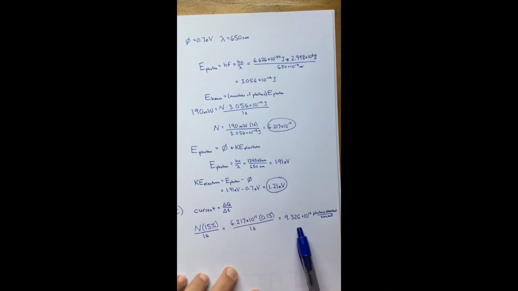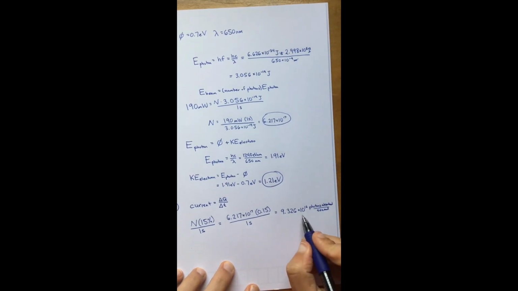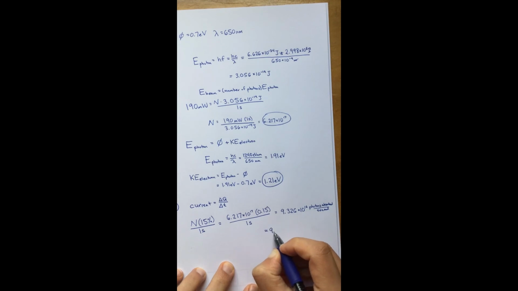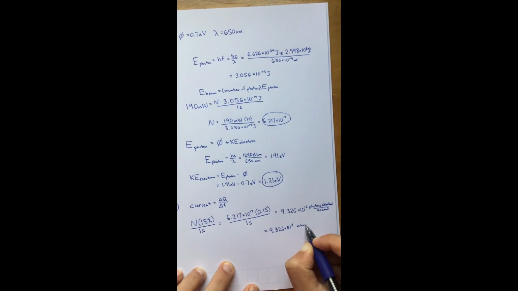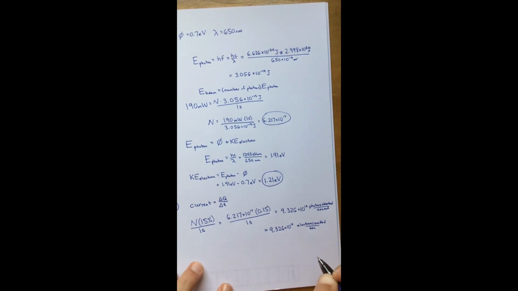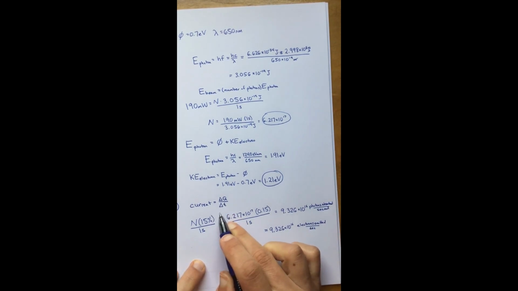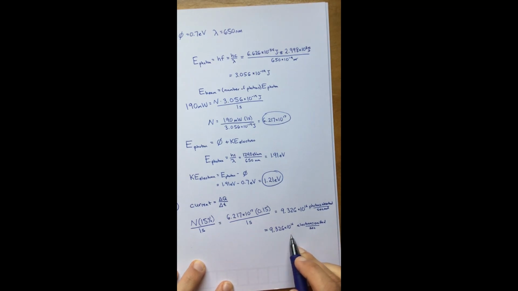So this is equal to the number of electrons emitted per second. I want the current, which is the charge per time. This is the number of photons per time. Each electron has a charge of 1.602 times 10 to the negative 19th.